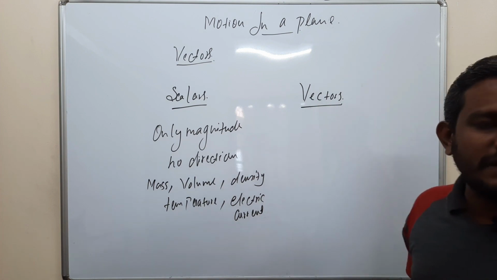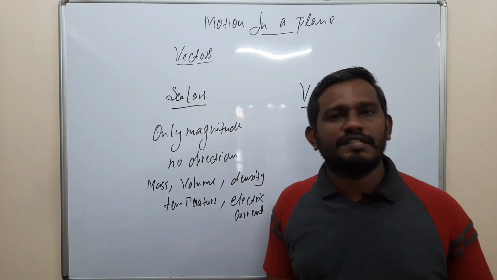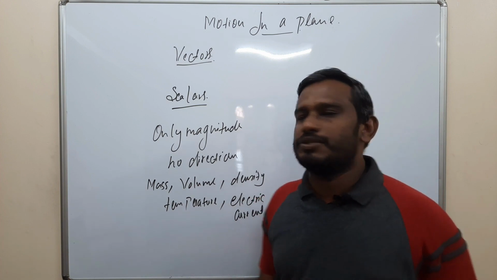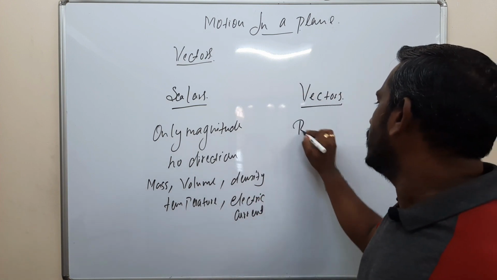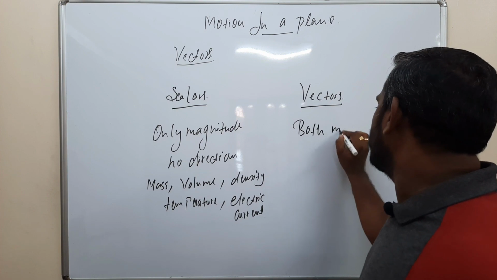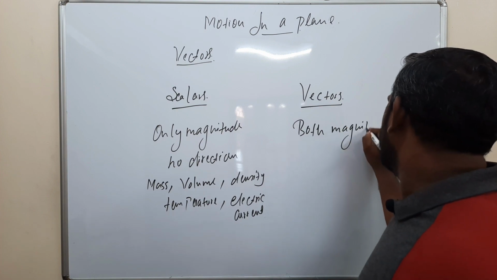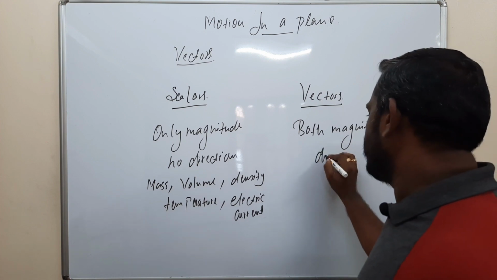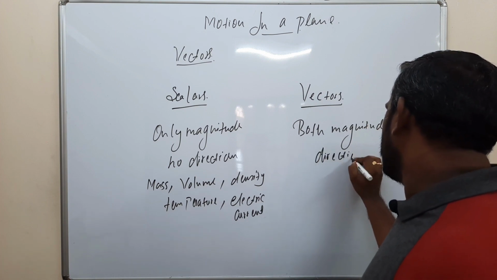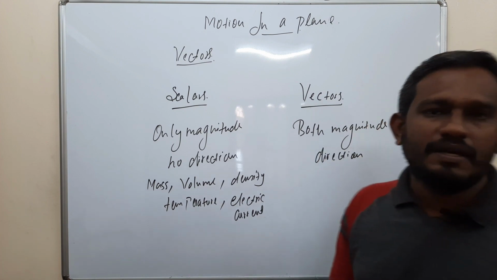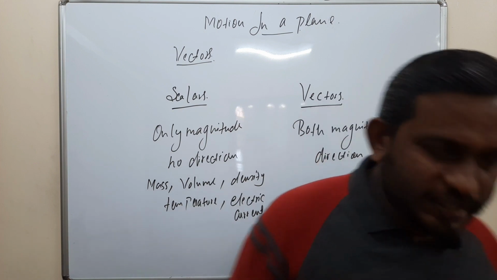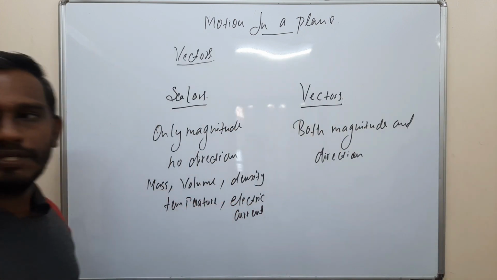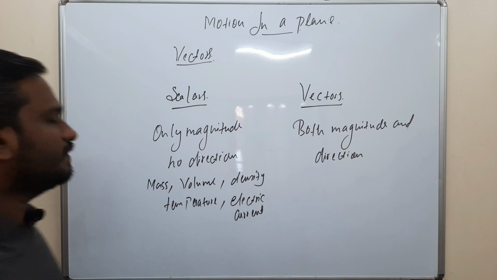On the other hand, what are vector quantities? The physical quantities which have both magnitude and direction are called vector quantities.